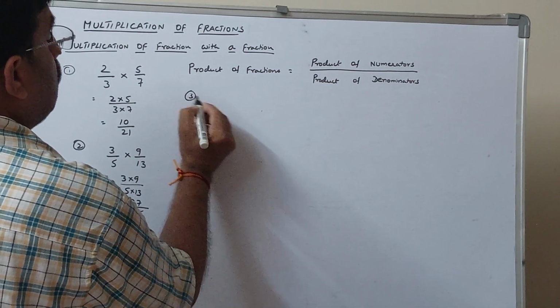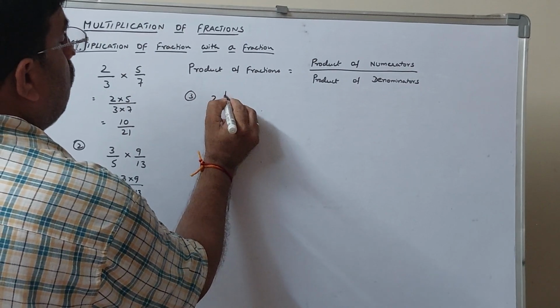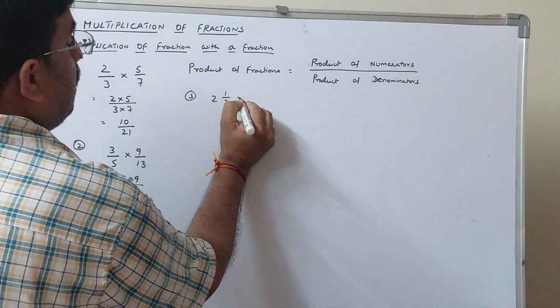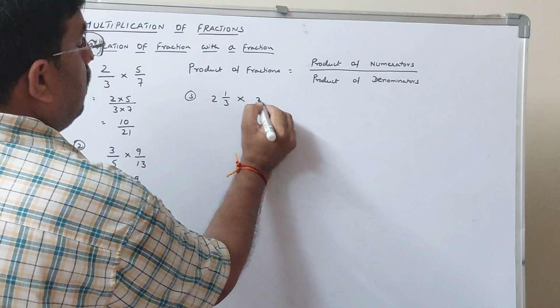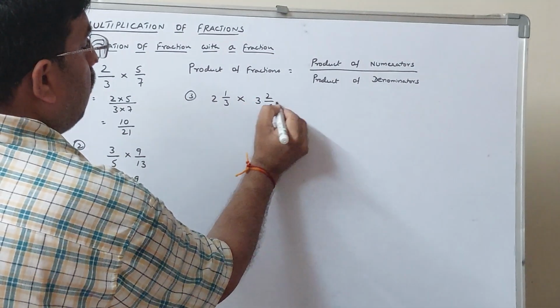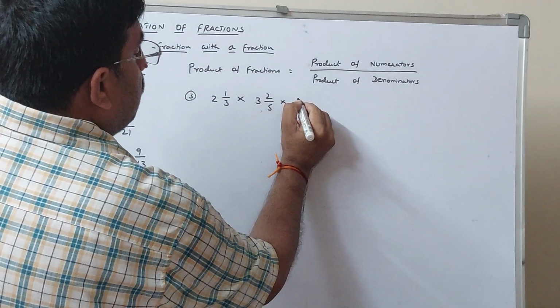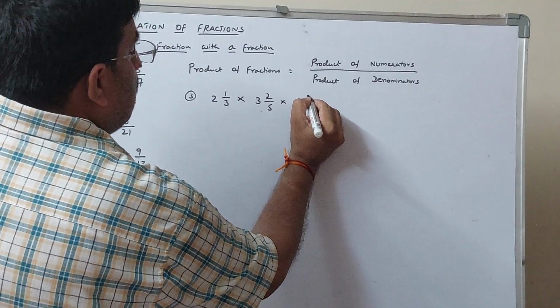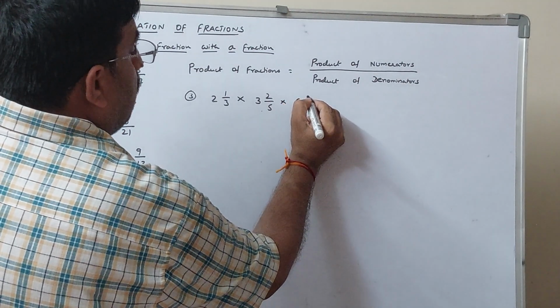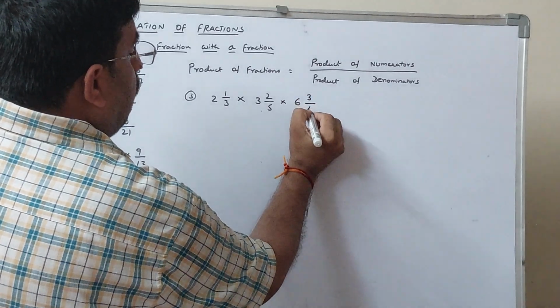I ask you 2 1 by 3 into 3 2 by 5 into 6 3 by 4.